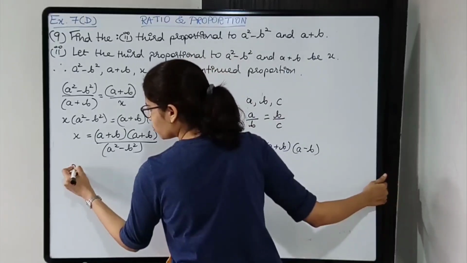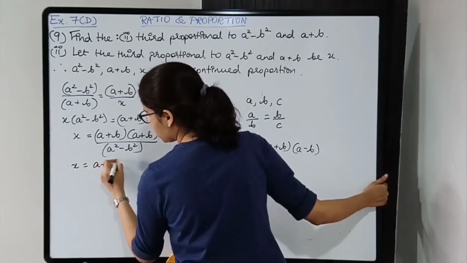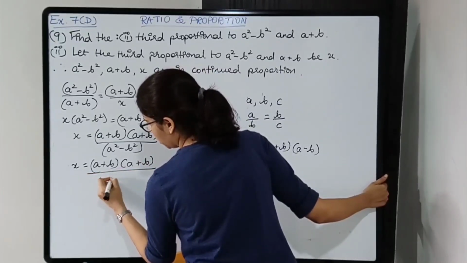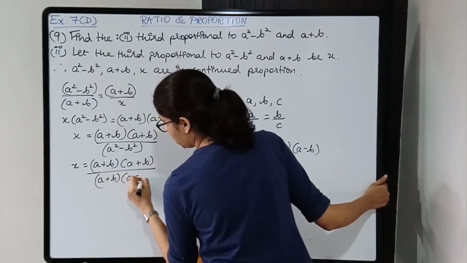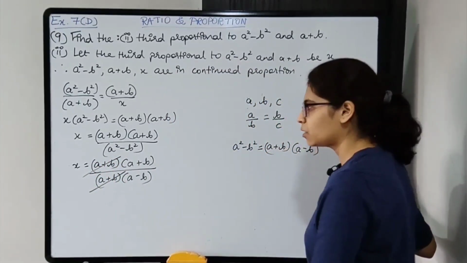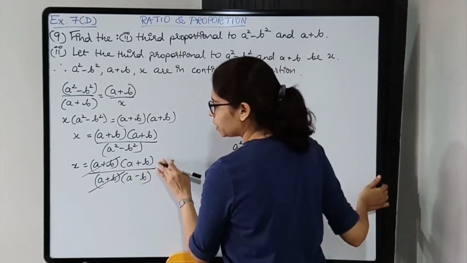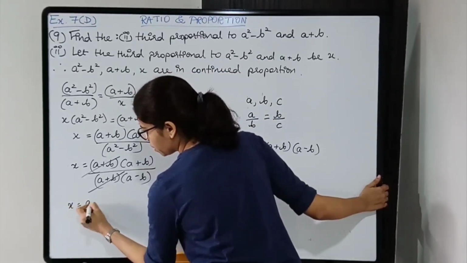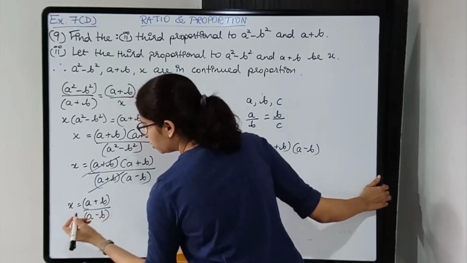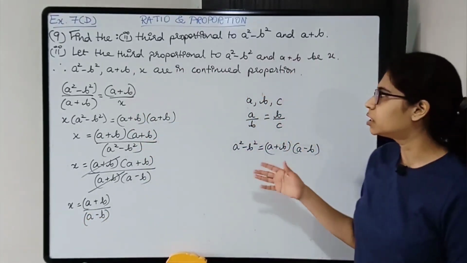So a plus b into a plus b upon a plus b into a minus b. A plus b will get cancelled. Entire bracket gets cancelled. So you're left with a plus b upon a minus b.